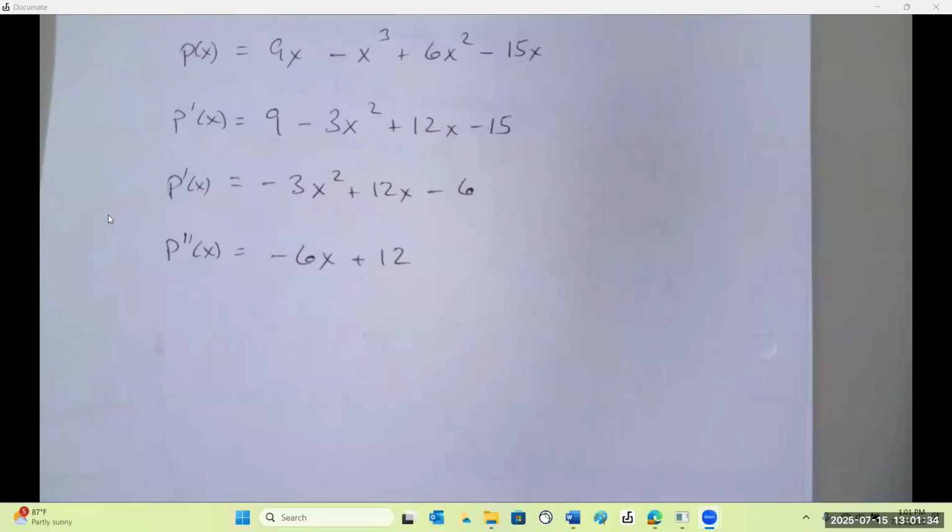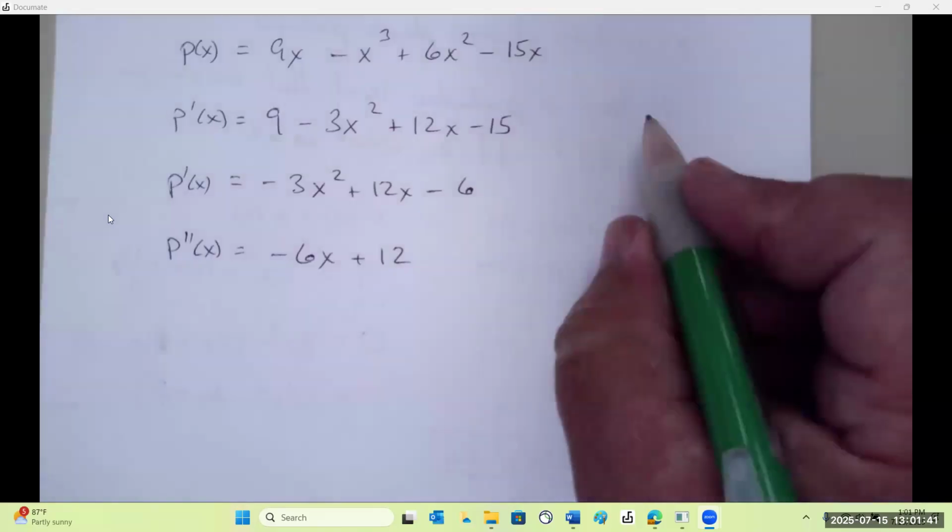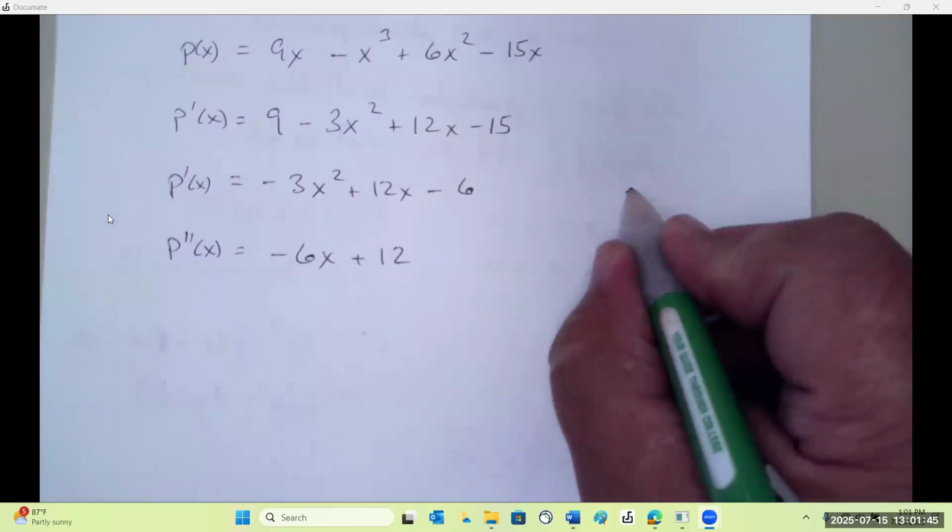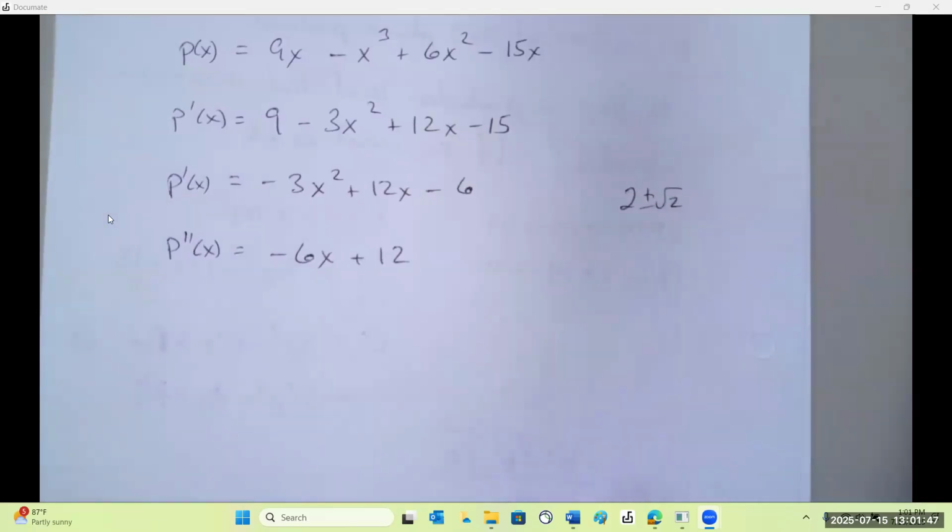So we're looking at 2 plus or minus radical 2. If we plug that in there, what do we get?